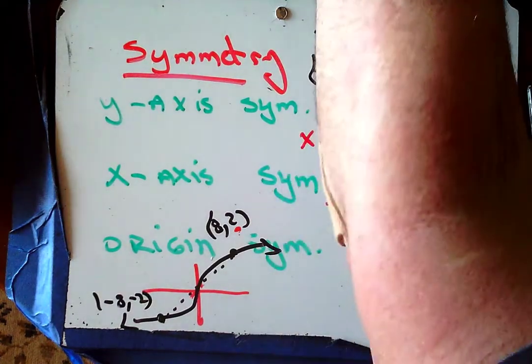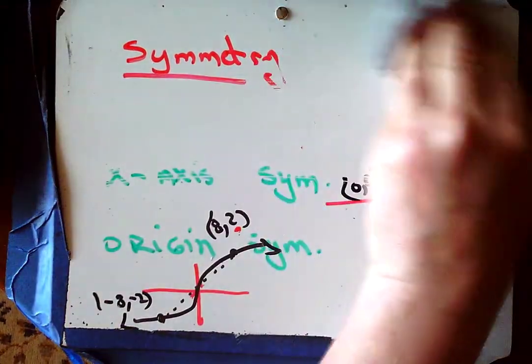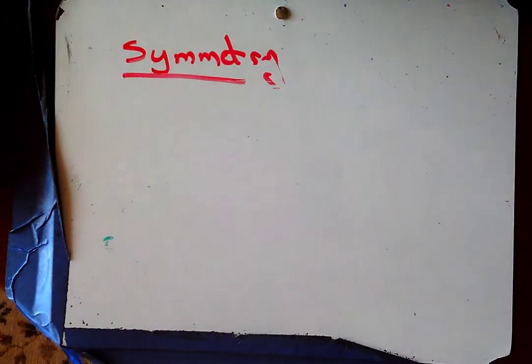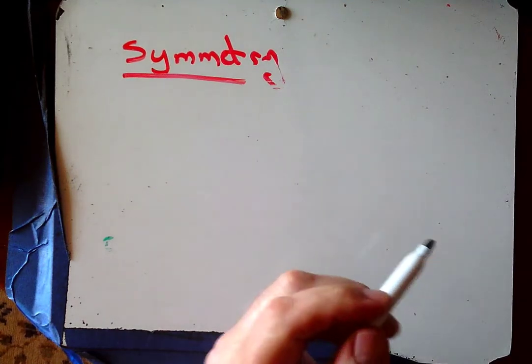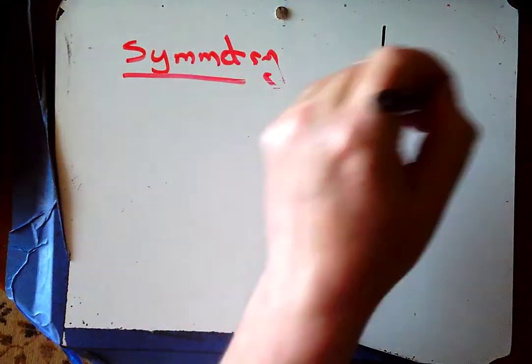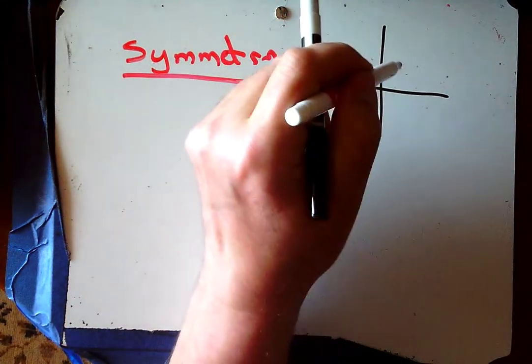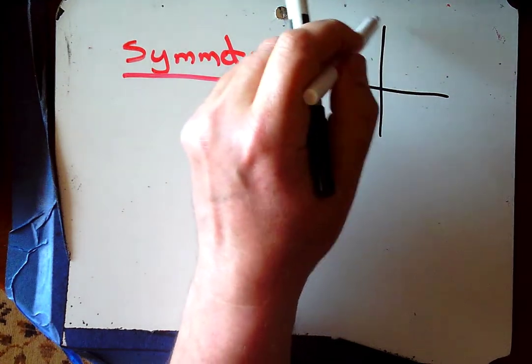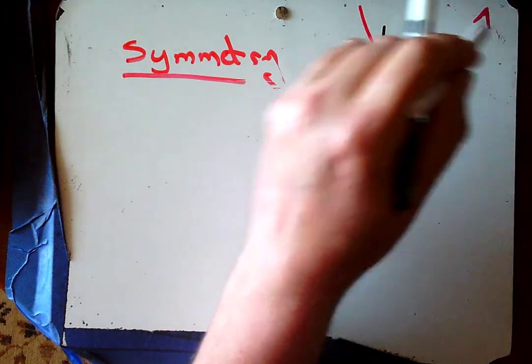Okay? Now I'd like you to try and identify, based on just looking at the graphs, whether a given graph shows x-axis, y-axis, or origin symmetry, or neither. I mean, we can have things that don't have either x or y axis symmetry. So, for example, this parabola.